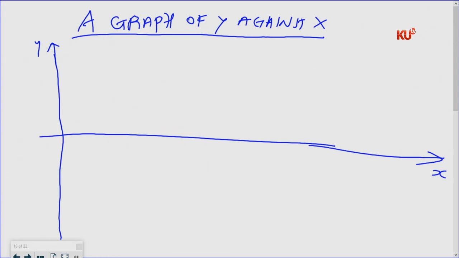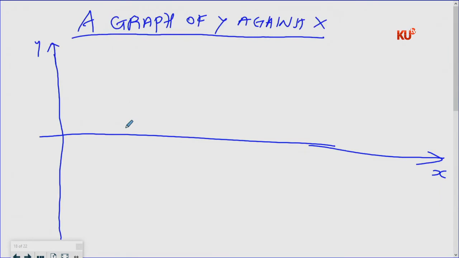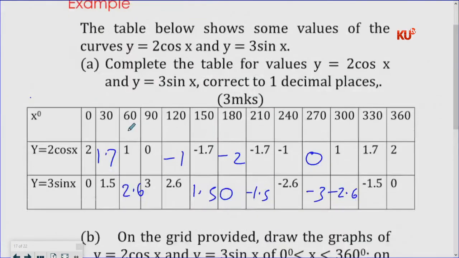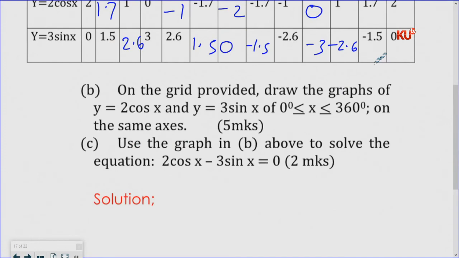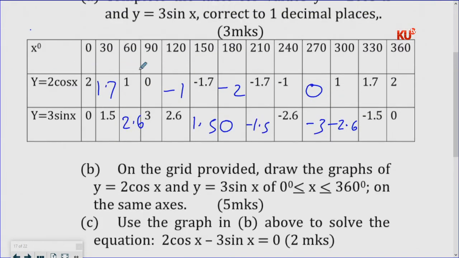On the y-axis, you remember on the x-axis we had the angles, from 0 degrees to 360 degrees. If the scale is not given, make sure you choose a very good scale that will occupy at least 3/4 of that particular space on the graph paper.